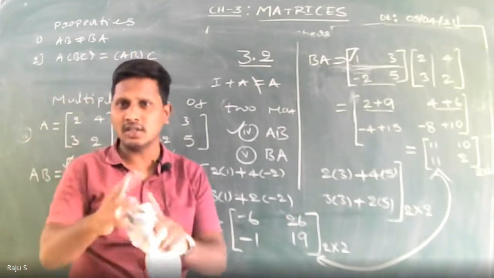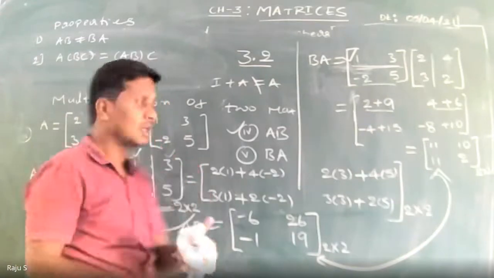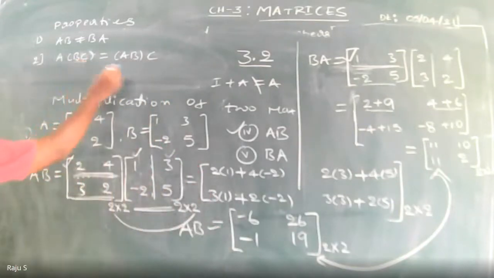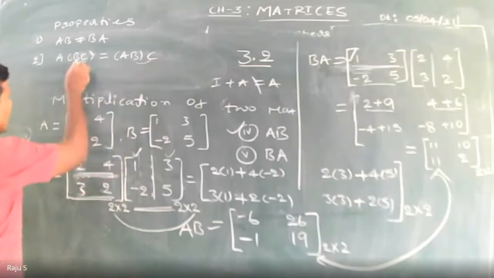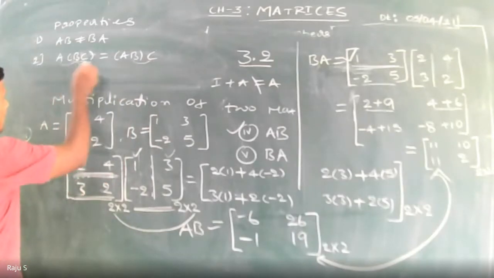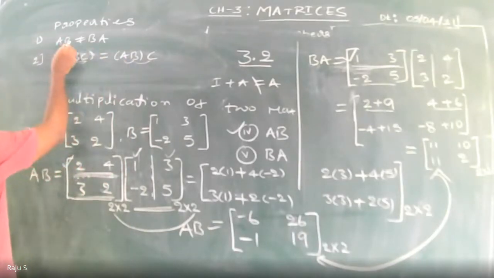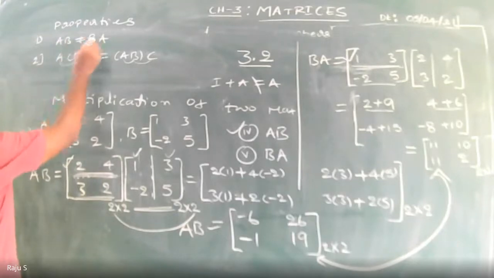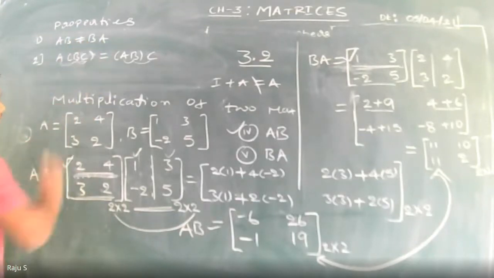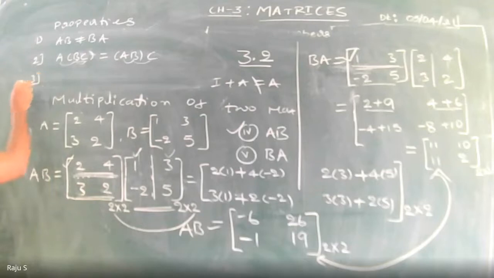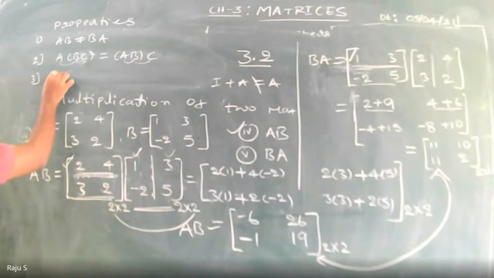I'm not interchanging the matrices, just keeping BC in order only. After BC, after AB. But here, if A becomes B and B becomes A, it is not equal. But it is associative.